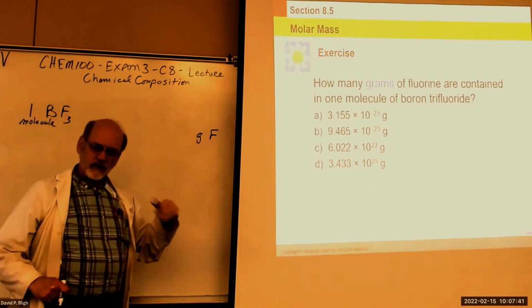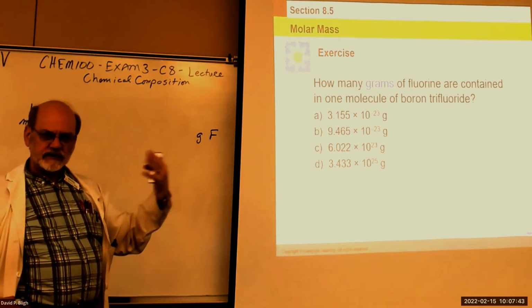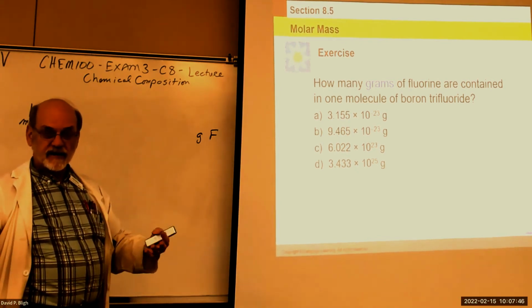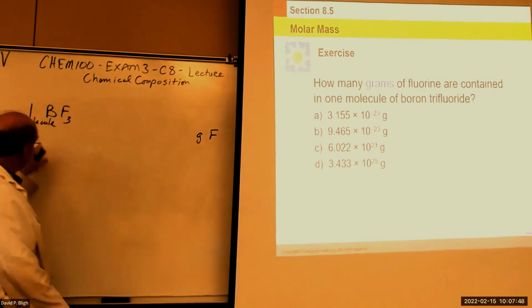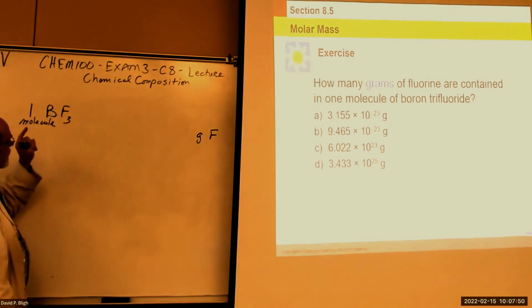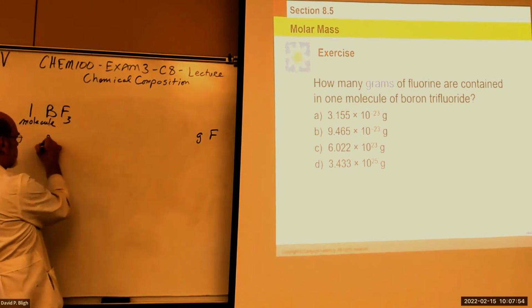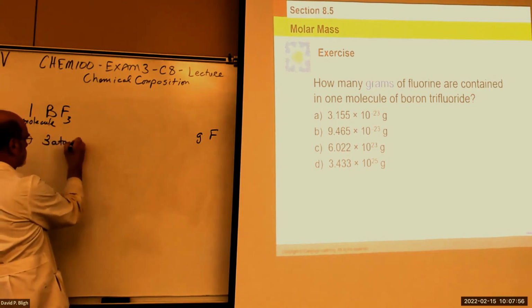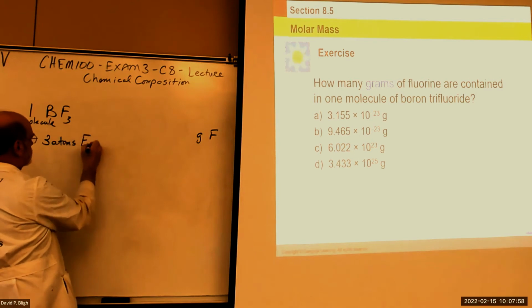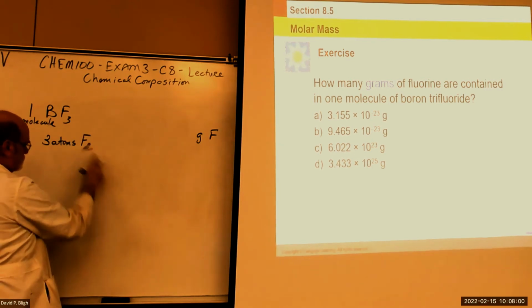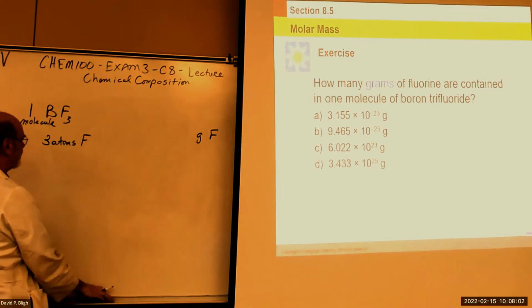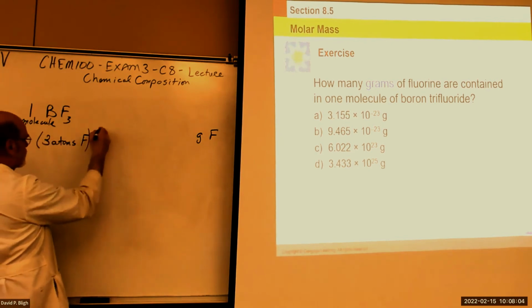But then we would need the ratio of fluorine to boron trifluoride. Right? A simpler way would be, if we've got one molecule of this, how many atoms of fluorine do you have? You have 3 atoms of fluorine. Okay, now we're getting somewhere.